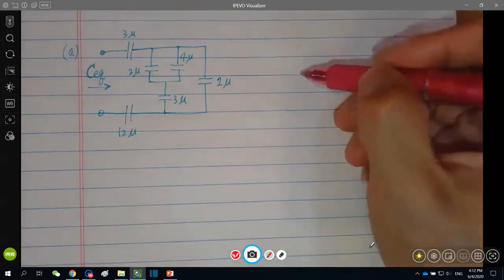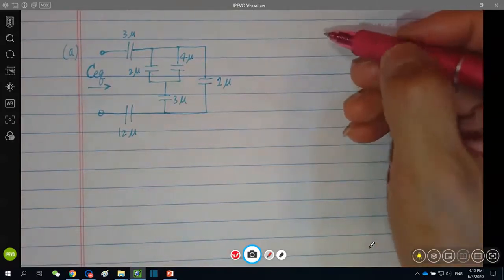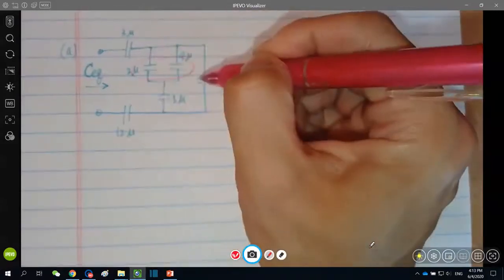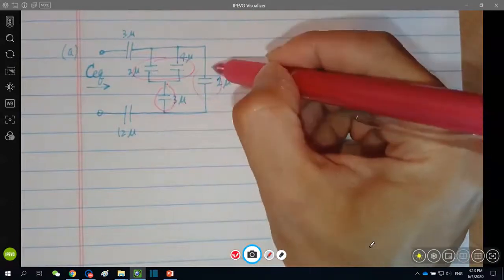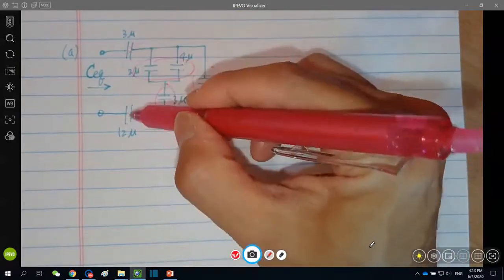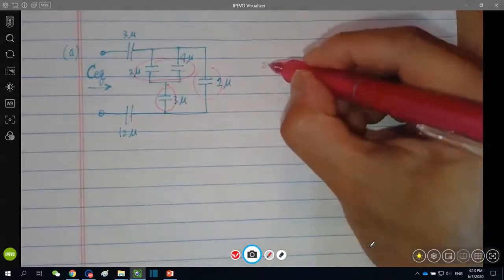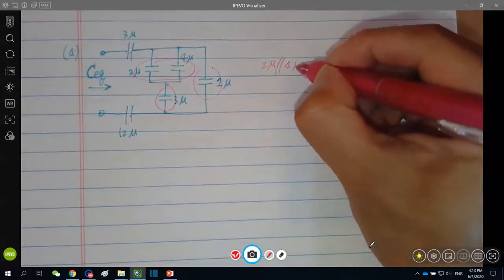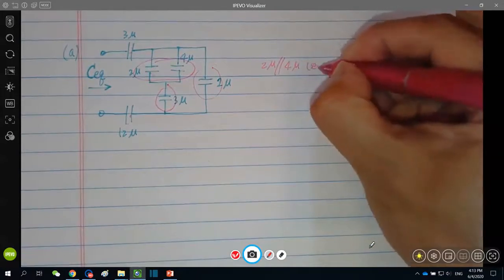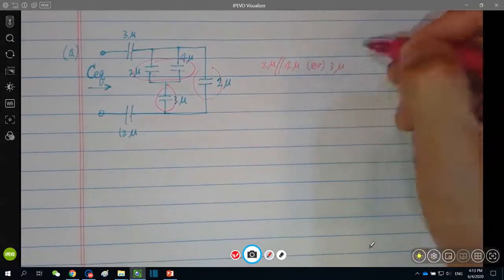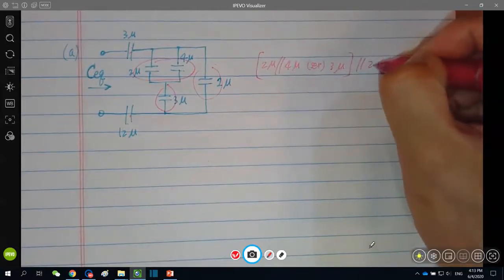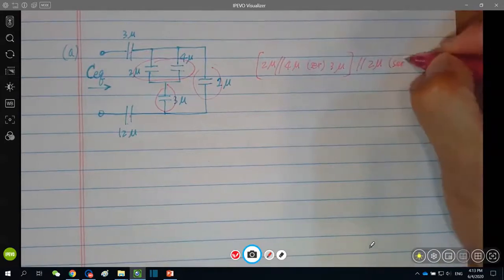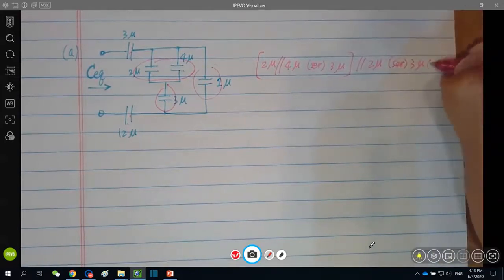We can see clearly these two are parallel, in series with this one, further parallel with this one, and then in series with these two. So 2 micro parallel with 4 micro, then series with 3 micro, then total parallel with 2 micro, then series with 3 micro, and then series with the last 12 micro.